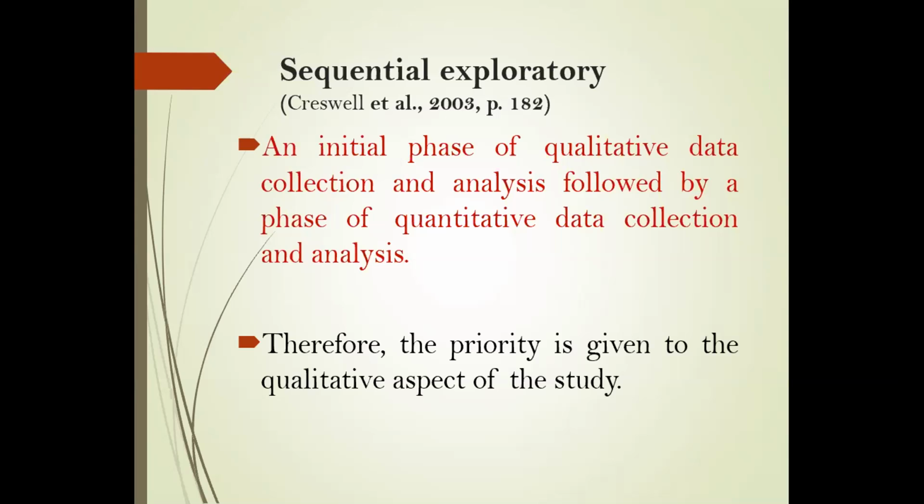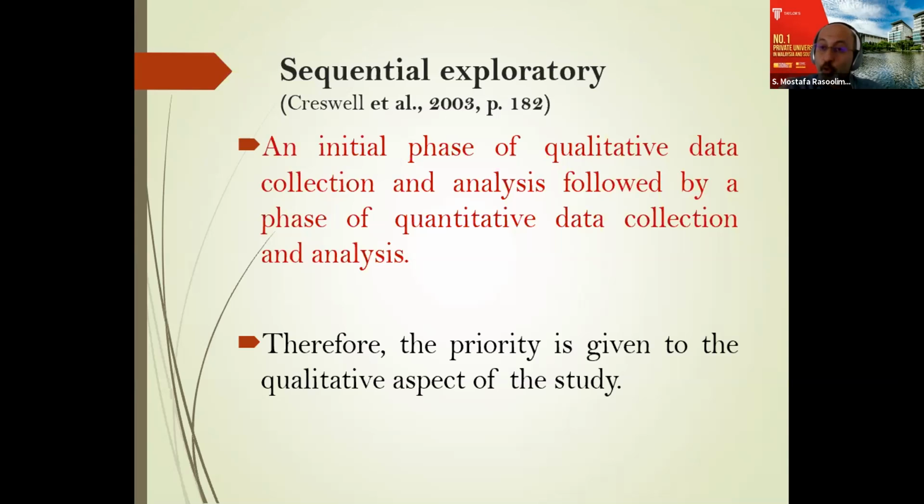Okay. Then before you hypothesize your relationship, your effect, you have to conduct the qualitative phase. And you have to analyze the result of qualitative. When you analyze the result of qualitative, you know your new components and the items to measure those components.